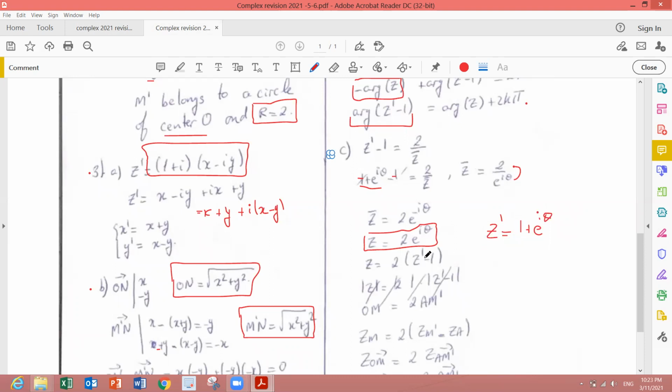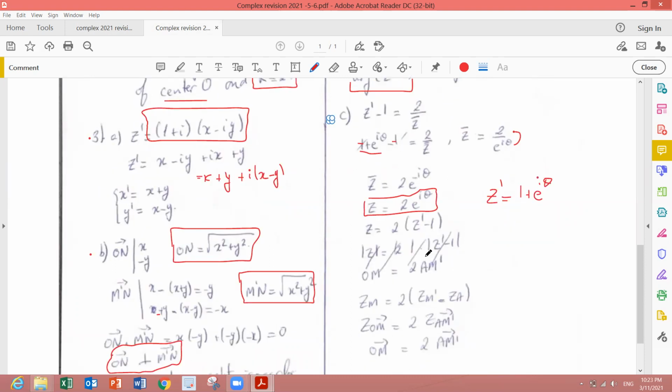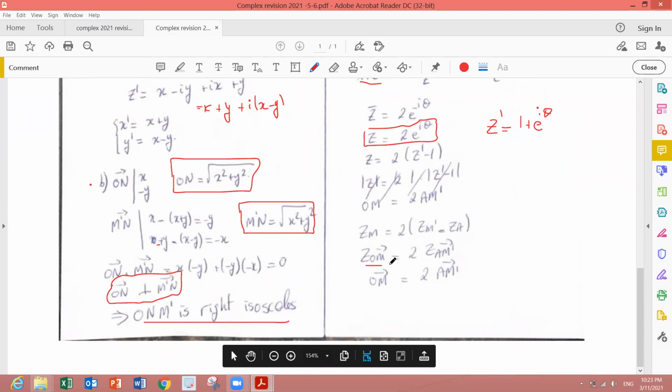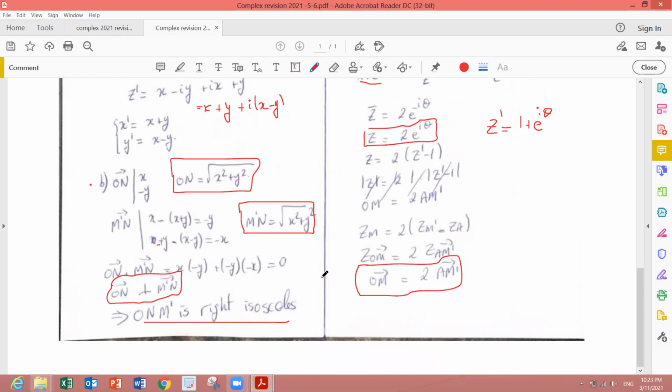So I can put it as 2 into Z prime minus 1. So Zm equals 2 into Zm prime minus Za. So vector OM equals 2 vector AM prime, and OM equals 2AM prime. This is all about this revision, about this worksheet. Study well for the final.